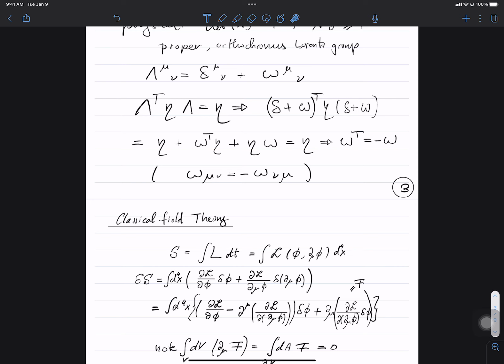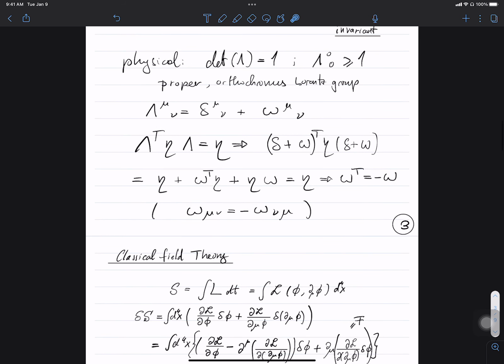Well, we can also do the following and expand the Lorentz transformation as a matrix by having the diagonal matrix plus a small deviation from this diagonal matrix. So we generally can do that, as we can actually prove that the proper orthochronous Lorentz group, which in physics is typically called just the Lorentz group, is a real group.